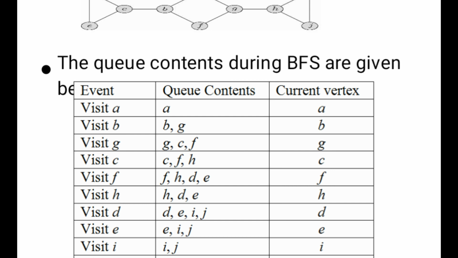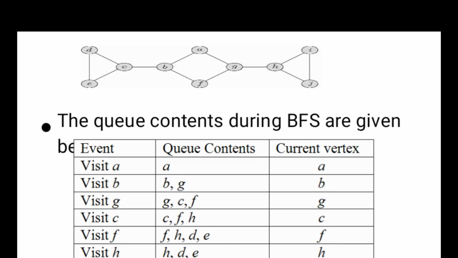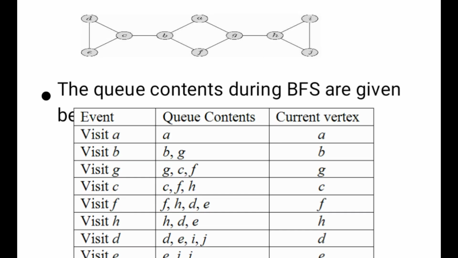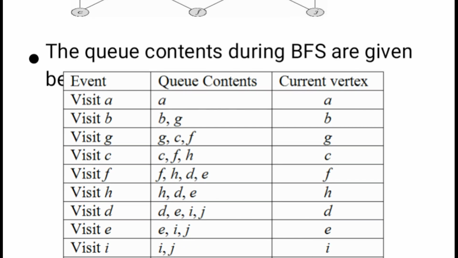Then the front element of the queue, C, is deleted, and the vertices adjacent to C, D and E, are inserted into the queue. Then the front of the queue, F, is deleted and marked as the current vertex, and the vertices adjacent to F are B and G, which are already in the queue.